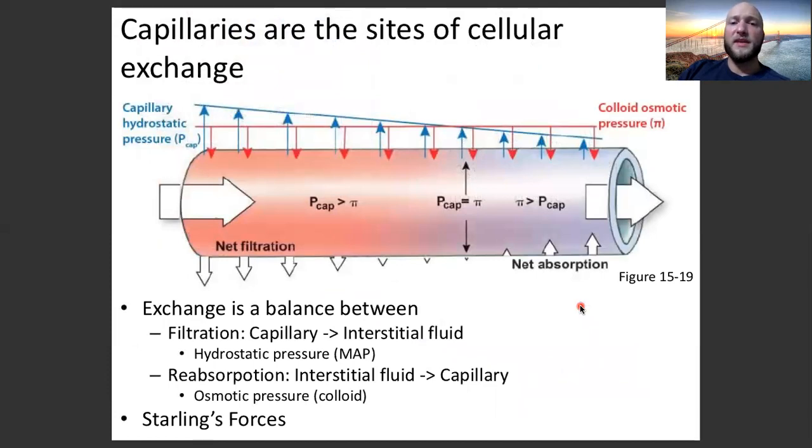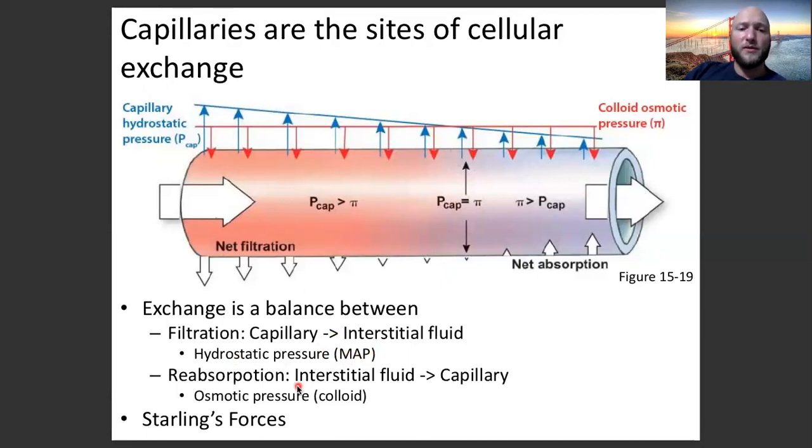So capillaries are the sites of cellular exchange, and whether things move in and out of the capillaries is dictated by the Starling's forces. There's the hydrostatic pressure within the capillary, which is related to MAP, mean arterial blood pressure. That's going to push fluid out.